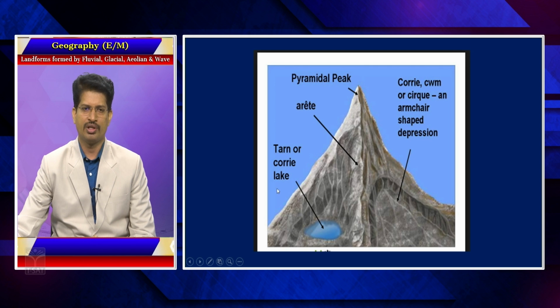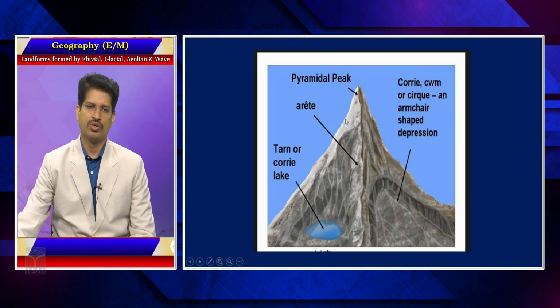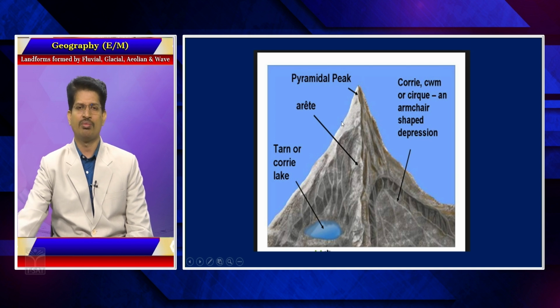So, this might be an inverted U-shaped structure in this way. The structure is being eroded by the gliding, moving ice, which is a glacier, which is formed by the accumulation of snow. When there is a snowfall, gradually, because of its own compaction and pressure, the snow will be converted into a glacier.